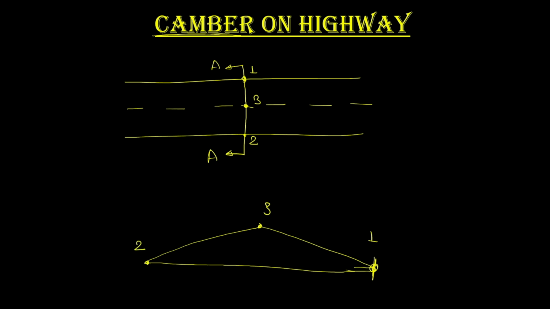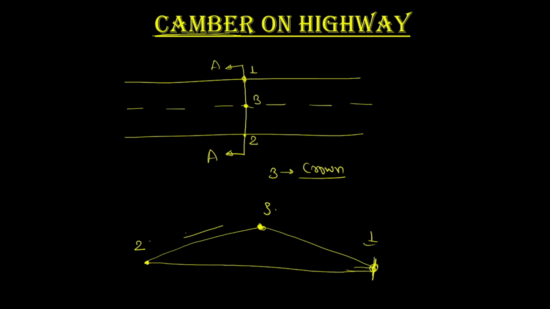Now here you can see point 3, इसको हम लोग बोलते हैं crown, meaning the highest peak point of the road that always is to be at the center of the road.